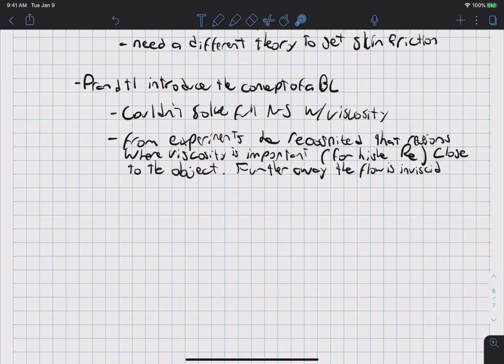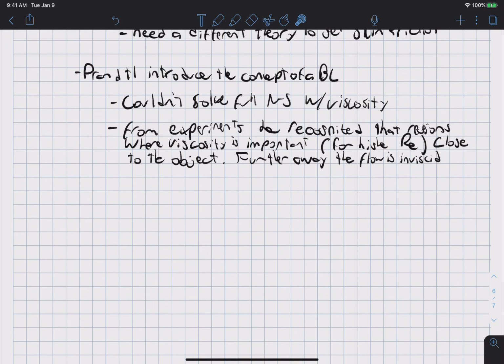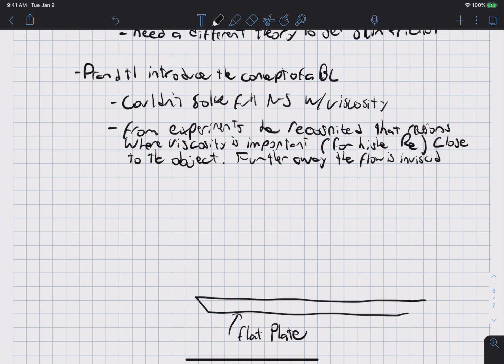Okay, and so if we consider the canonical example of a boundary layer, that is a flat plate. So this is a flat plate, and we have flow of some free stream velocity capital U interacting with this.